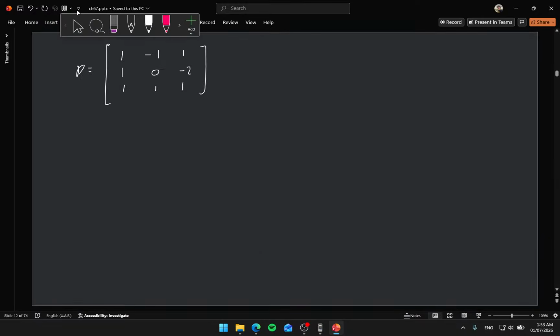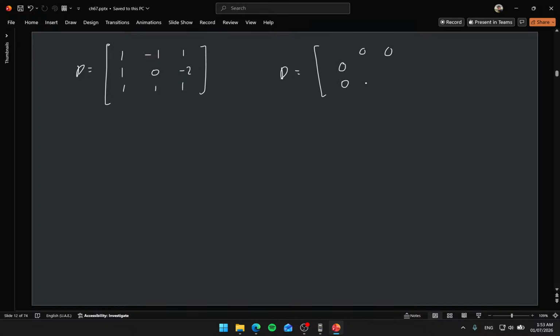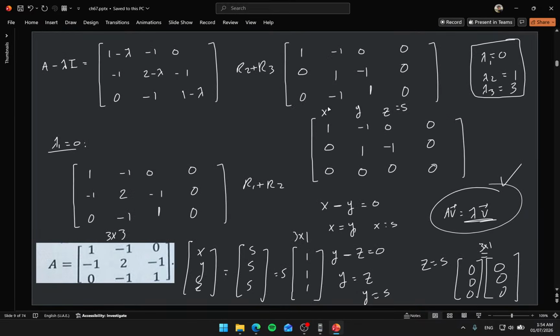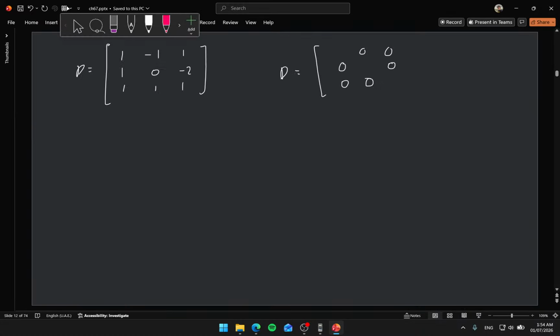That's matrix P. Matrix D is the diagonal matrix with 0, 1, 3. The 0 corresponds here, then 1 and 3.